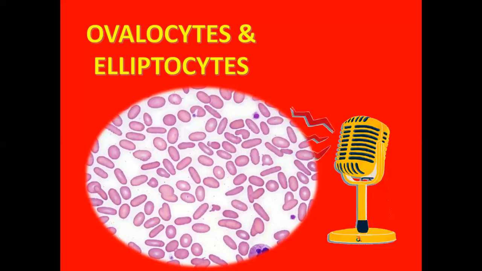The counterpart of hypochromic is hyperchromic, the state of the red blood cell marked by an increased hemoglobin content, but these cells do not appear hyperchromic. So again, these ovalocytes and elliptocytes can appear either as normochromic or hypochromic, or normocytic or microcytic.